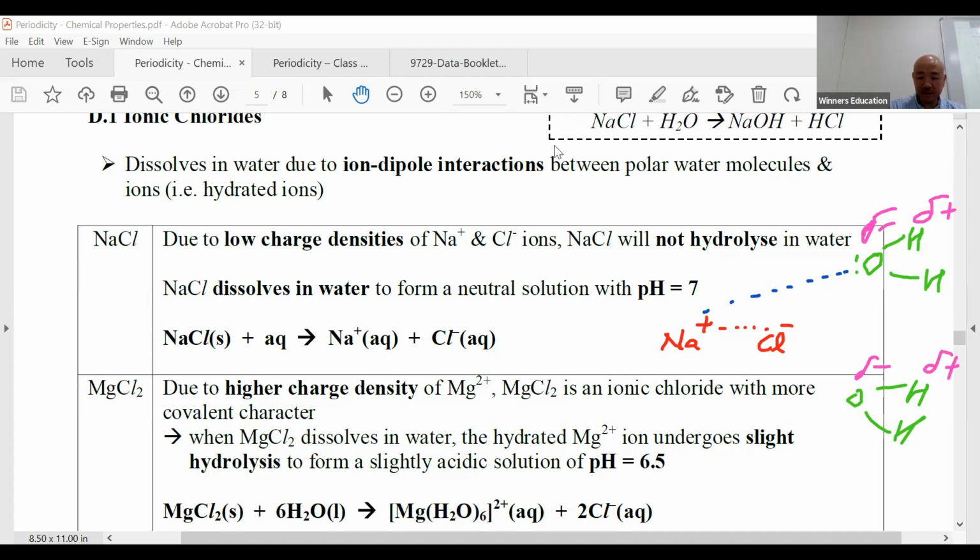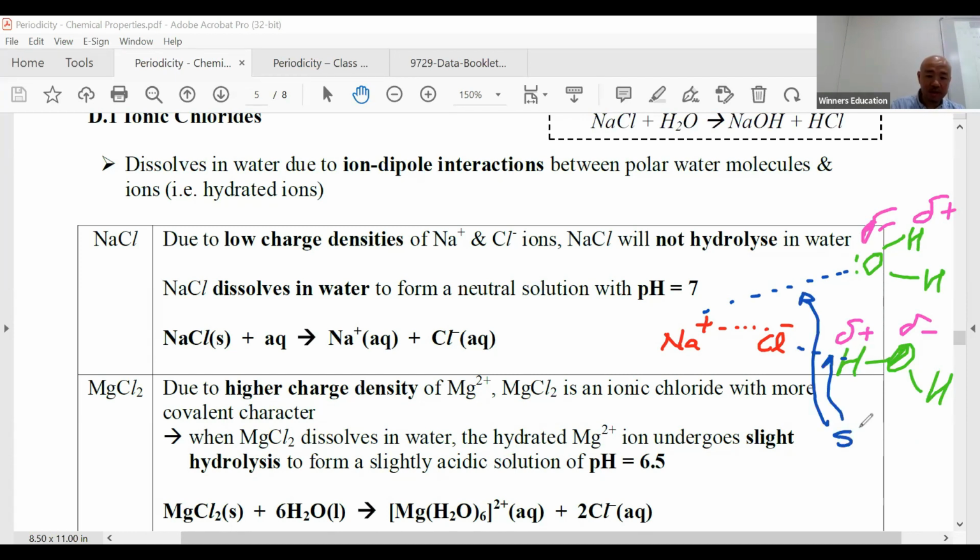Oh, I drew it the wrong way. So I just draw one. All right, I draw two. What is this? Opposite charges always attract. This is what we call your ion-dipole interaction, which is very, very strong.